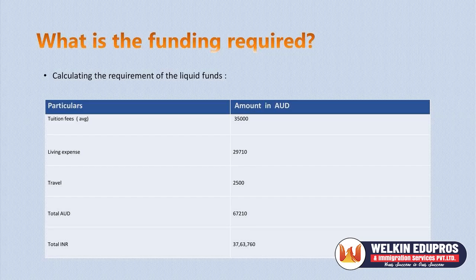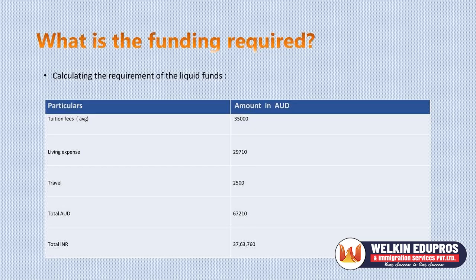In INR, it is 37,63,000. So this is the funding requirement. This is the show fund requirement which students need to show as a liquid funding available in their account, which is approx 37,63,760. If we do the round off, it is approx 38 lakhs.